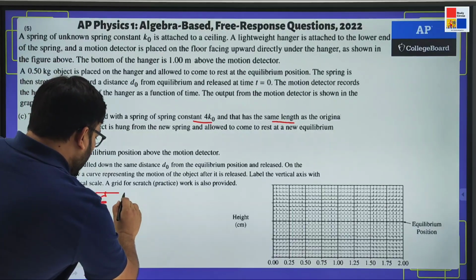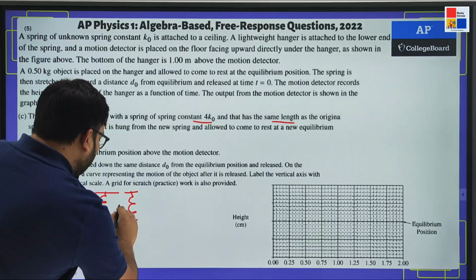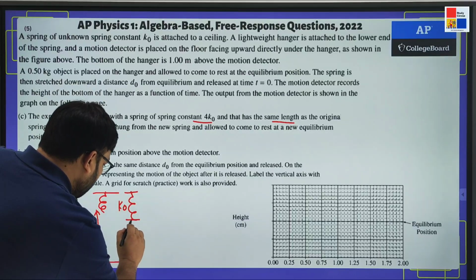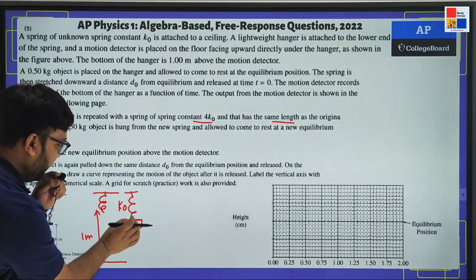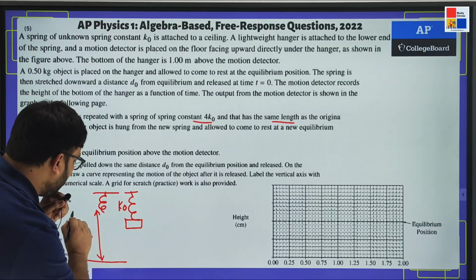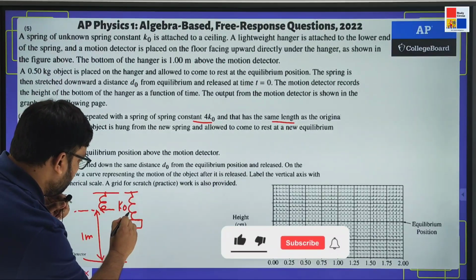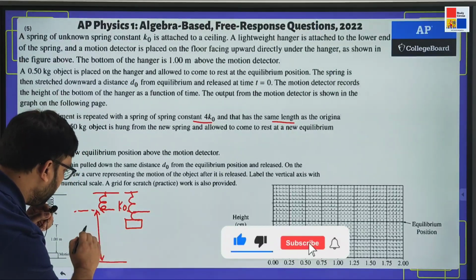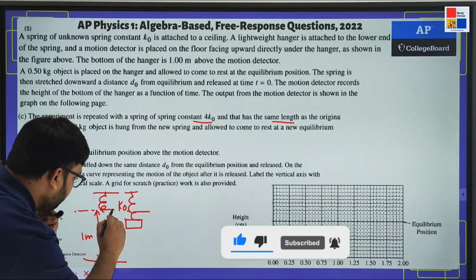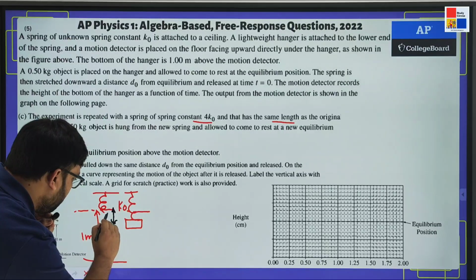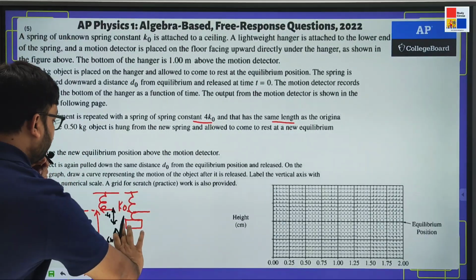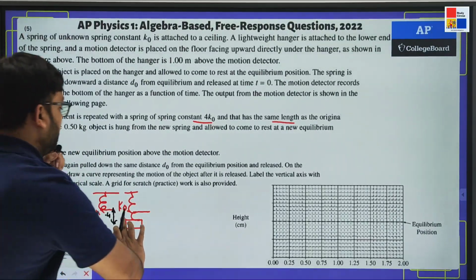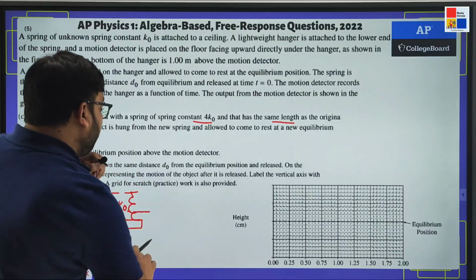When you hung the object from the original spring with spring constant K naught, it came down a height of 0.4 meter, hence this was 0.6 meter. 0.6 meter was the position of the equilibrium when we had the spring of spring constant K naught.